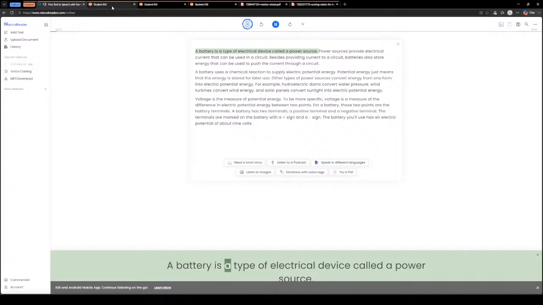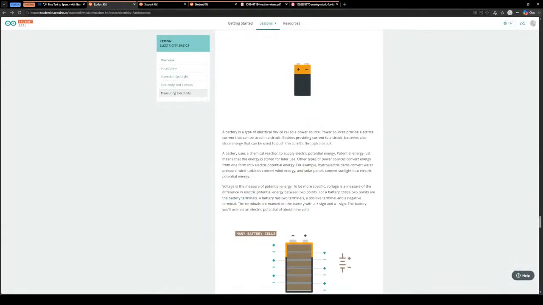A battery is a type of electrical device called a power source. Yes, I know. Power sources provide electrical current that can be used in a circuit. Besides providing current to a circuit, batteries also store energy that can be used to push the current through a circuit. A battery uses a chemical reaction to supply electric potential energy.